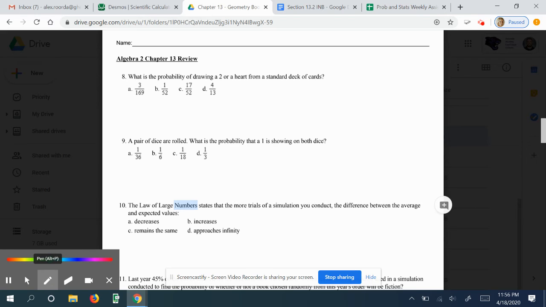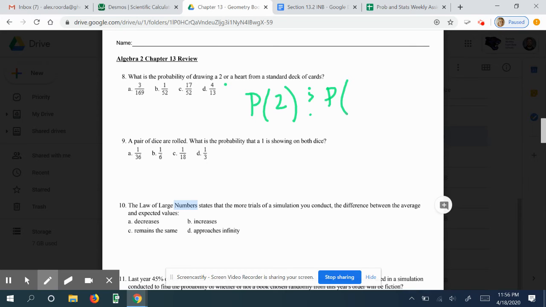All right, number 8. What is the probability of drawing a 2 or a heart from a standard deck? Okay, so you'll notice it's an OR problem. So the probability of a 2 and the probability of a heart.